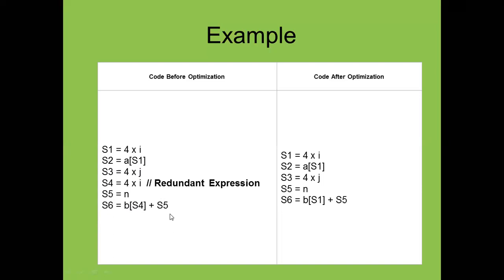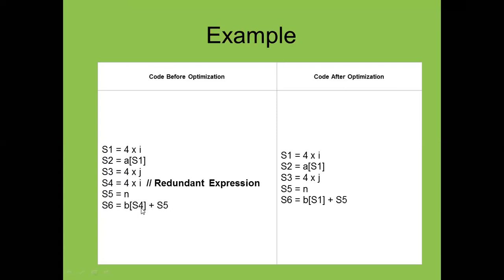Now you can see S1 is equal to 4 into I, and again S4 is equal to 4 star I. This is called a redundant expression, because it is repeating. Here you have already assigned this, and again you are assigning S4 as 4 star I, even though it is a dependent expression. S6 is equal to B S4 plus S5.